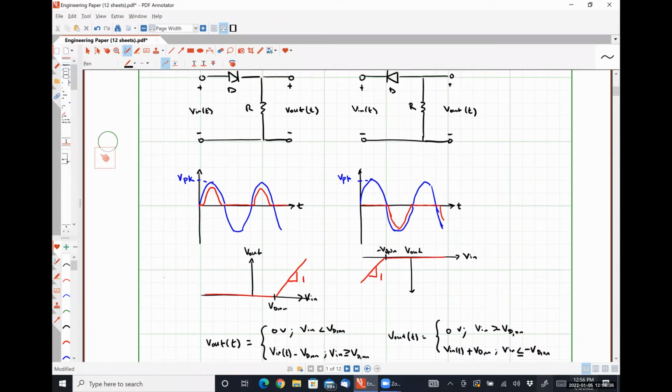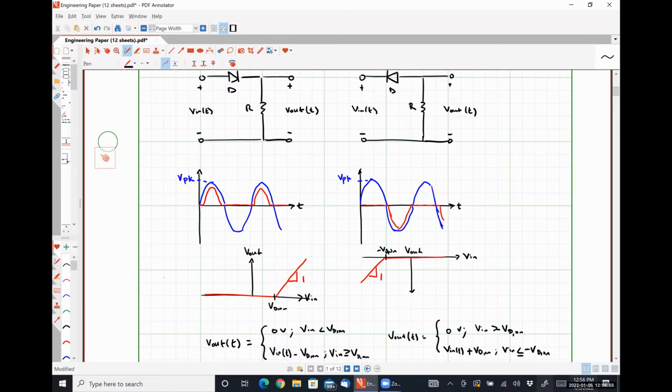And the reason for that is V out minus V in is the reverse bias voltage seen by the diode. That makes sense? So it's the reverse bias voltage because V out is on the negative polarity terminal and V in is on the positive polarity terminal.